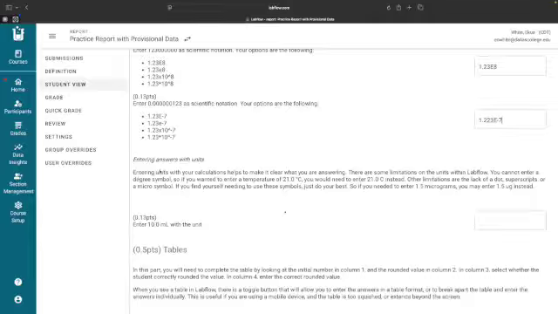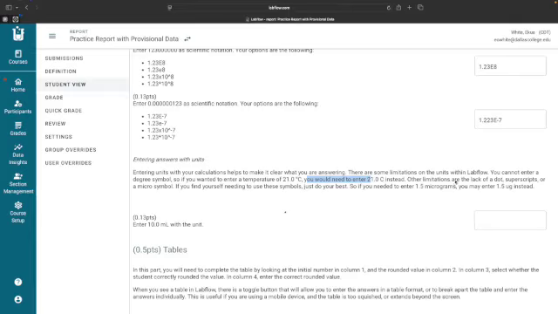Entering units with your calculations helps you make it clear what you're answering. I should say more like what you're measuring, or what you're calculating, right? There are some limitations on the units within Labflow. You cannot enter a degree symbol. Oh, I didn't know that. So if you wanted to enter the temperature of 21.0 degrees Celsius, you will need to enter 21.0 Celsius instead.